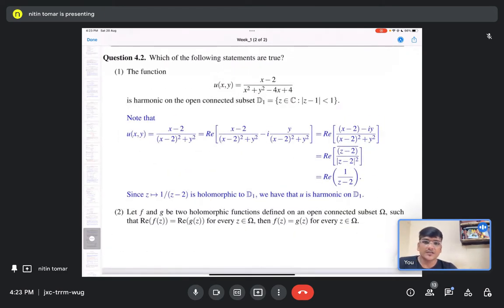Now, which of the following statements are true? First, given this function, this fancy looking function, it is harmonic on this domain, mod z minus 1 is less than 1. So, what is this domain? You have 1 here and you take radius 1.